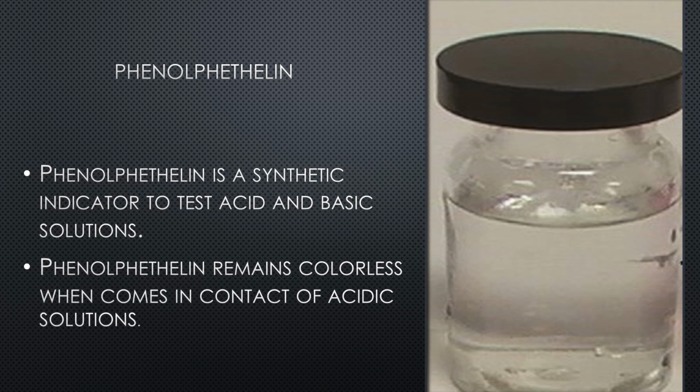The third indicator, phenolphthalein, is also very helpful. Phenolphthalein is a synthetic indicator to test acid and basic solutions. Phenolphthalein remains colorless when it comes in contact with acidic solution.